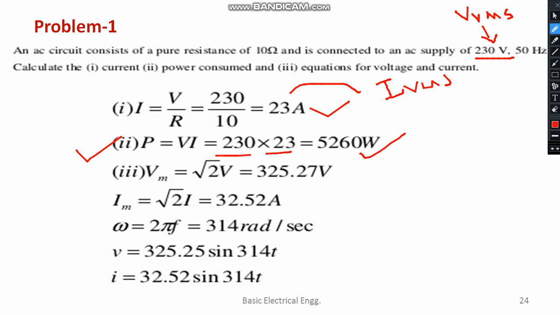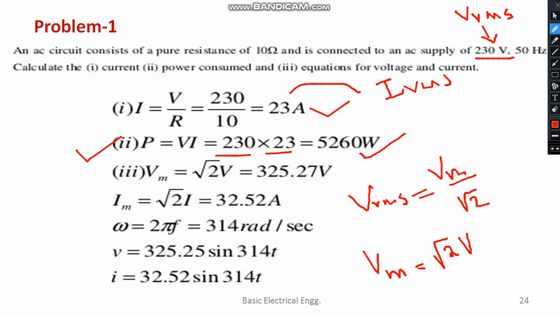Now you are asked to calculate the peak value. How to calculate the peak value? If you want to write the sinusoidal equations, obviously you need the peak value. Vrms is nothing but Vm by root 2. Therefore Vm can be written as root 2 into Vrms.